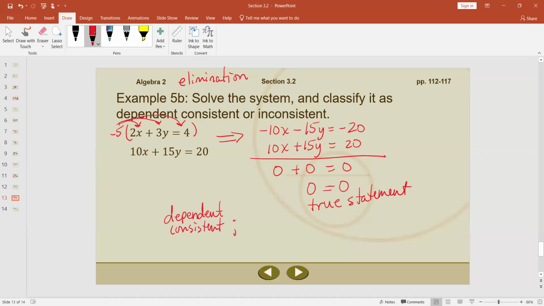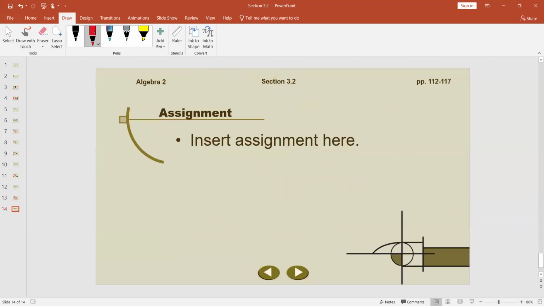This means that every ordered pair exists in both. Just means they have all the same ordered pairs. All right, and that's when we have a dependent consistent system.